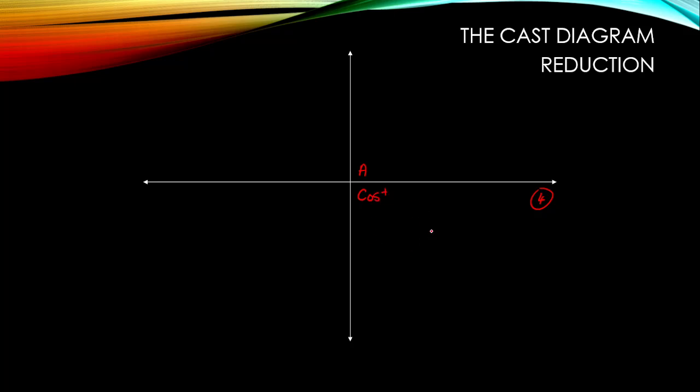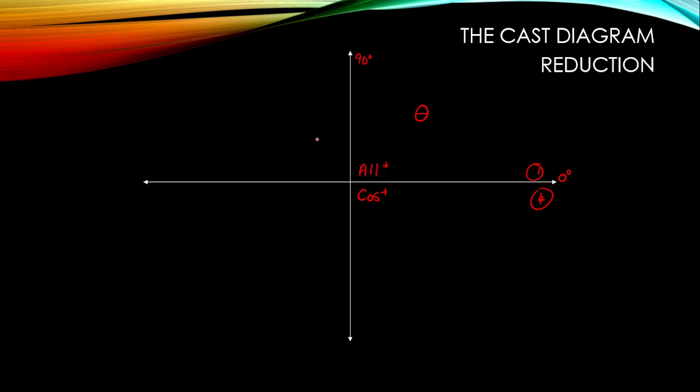Sin and tan will be negative. This is quadrant 1. This is all, so they are all positive in this quadrant. And you also got to know that in this quadrant we are going to go from 0 degrees all the way to 90 degrees, meaning this is an acute angle. This whole quadrant is classified as acute, so our reduction formula is just theta.